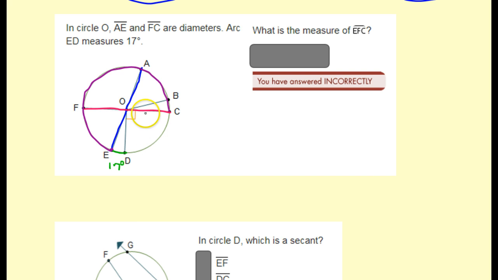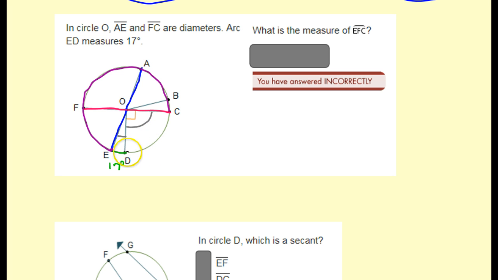I think the easiest way to look at it would be to see that arc EFC, see how it's the majority of the circle? It's the entire circle except for this part and this part.